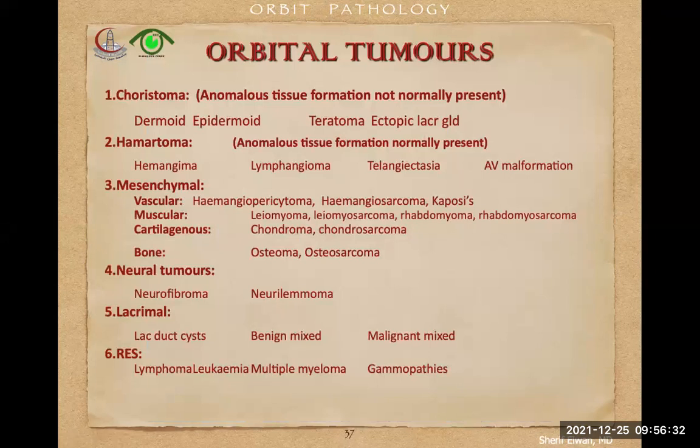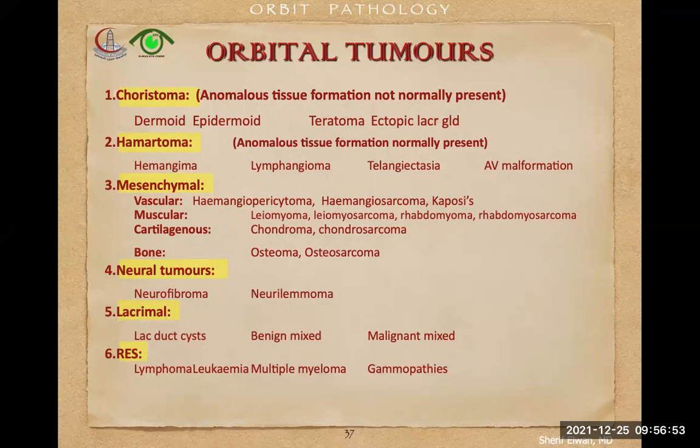We're finished with dermal cysts, and now we come to orbital tumors. And orbital tumors are either choristoma, hamartoma, mesenchymal tumors, neural tumors, lacrimal tumors, or reticuloendothelial system tumors.